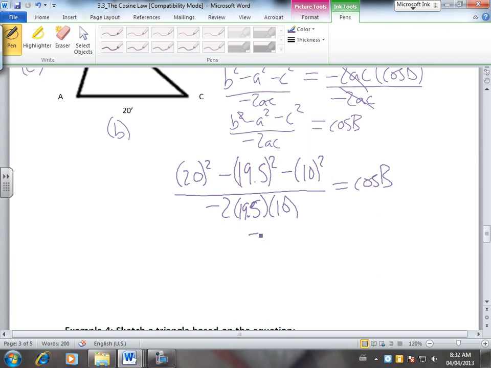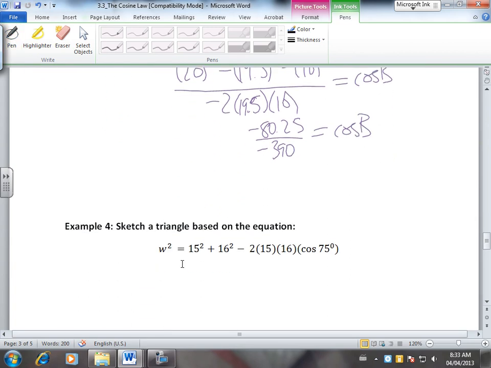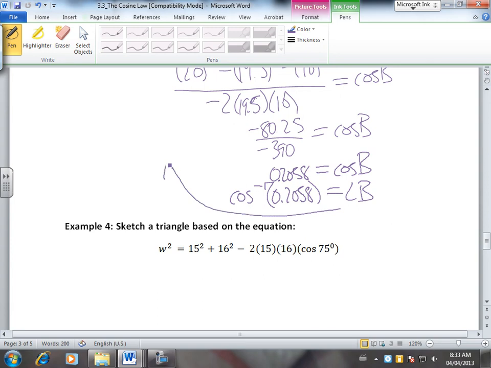And I end up with negative 80.25 divided by negative 390 equals cos b. And so here I have 0.2058 equals cos b. To get b by itself, we take the inverse cosine of 0.2058 equals angle b. I'm just going to pull this up here. So angle b equals 78 degrees.